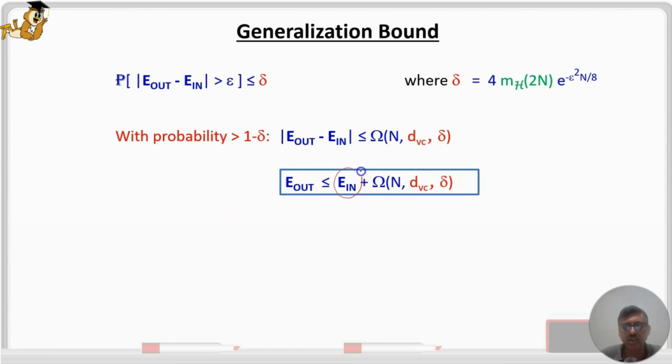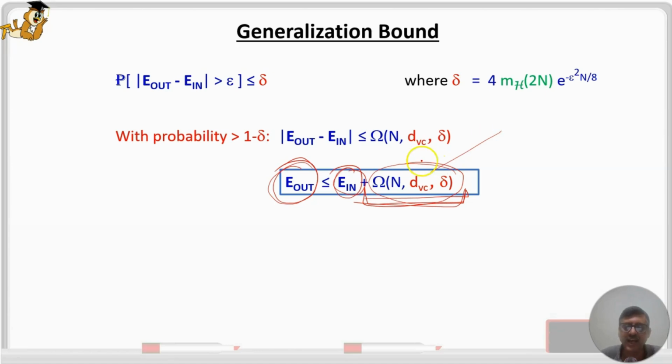So this is your in sample error, this is your out of sample error, and you know that your out of sample error is going to be bounded in this manner. This is exactly what we've set out to accomplish at the beginning of this lecture. We wanted to establish a relationship that said that Eout was less than Ein plus perhaps a quantity that we could get a handle on.